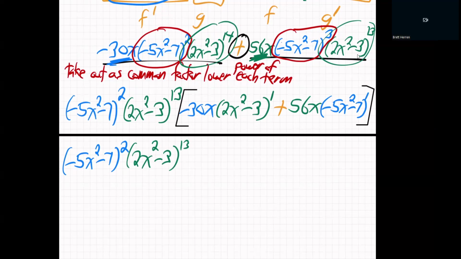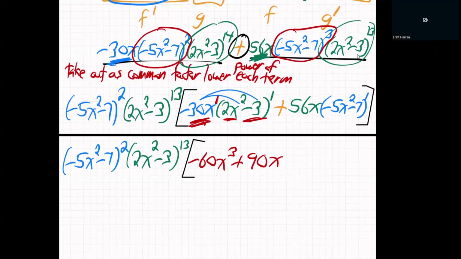So now I can clean up the inside a little bit. First power, so I'm going to just distribute, whoops, through there, boom and a boom. And what am I going to get? I'm going to get minus 30x times 2x squared is minus 60x to the third, because it's x to the 1, plus negative 30 times negative 3, 90x.